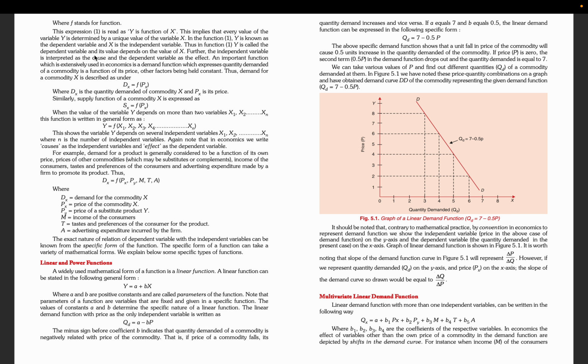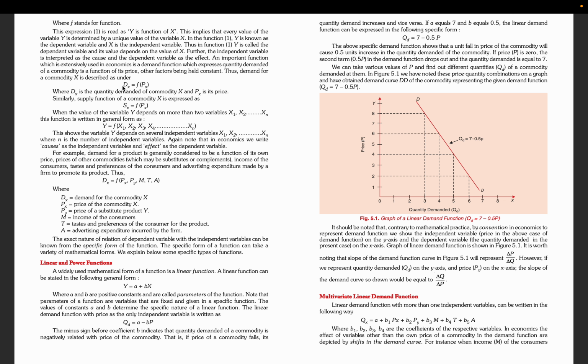An important function which is extensively used in economics is the demand function, which expresses quantity demanded of a commodity as a function of its price, other factors being held constant, which is something I mentioned a while ago.